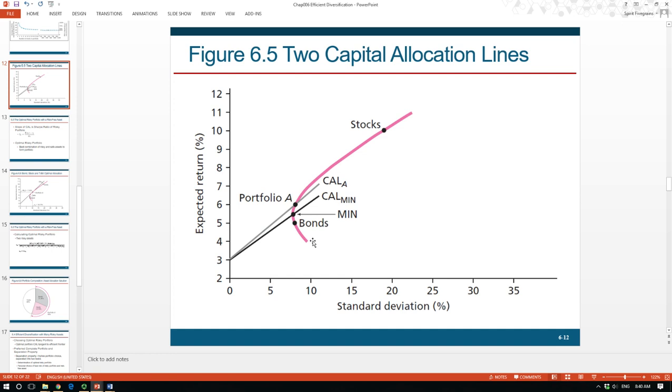So our goal here is to make an optimal choice of the risky asset portfolio between stocks and bonds, given that we have a certain proportion of assets invested in the risk-free asset.